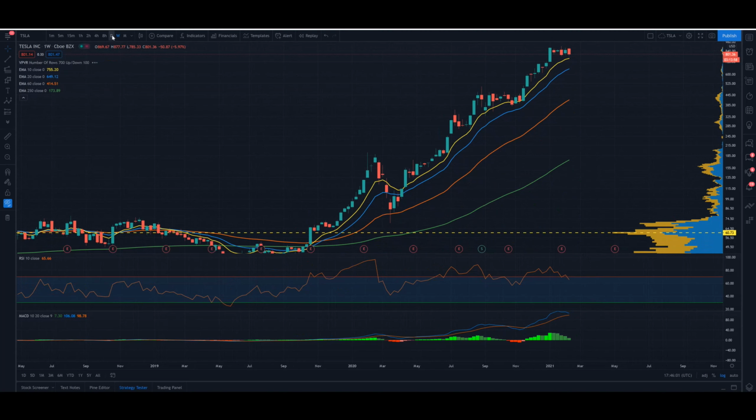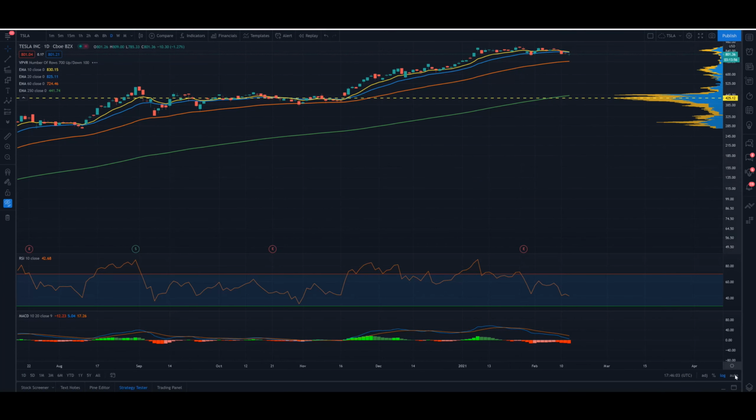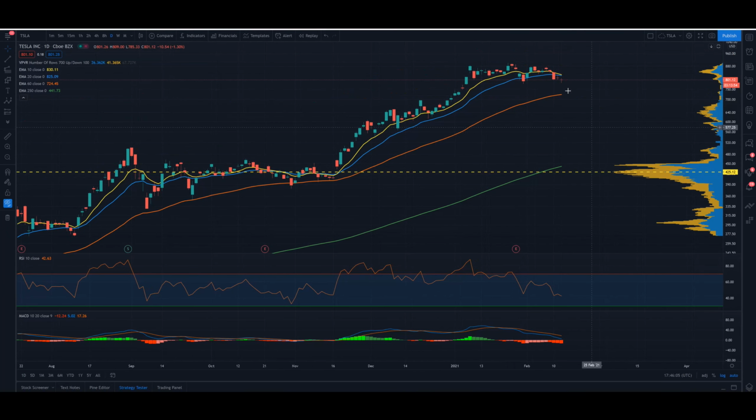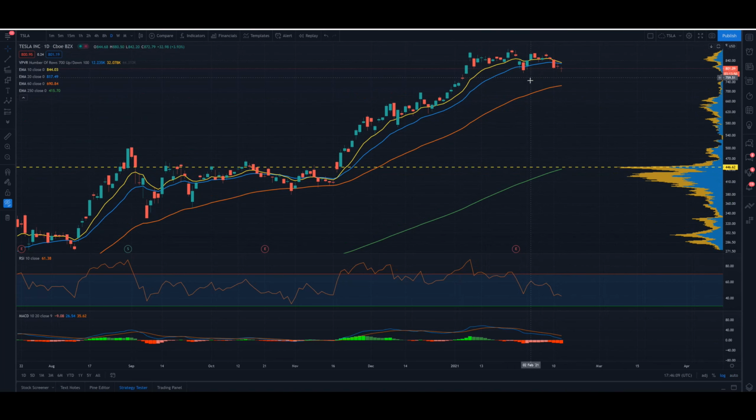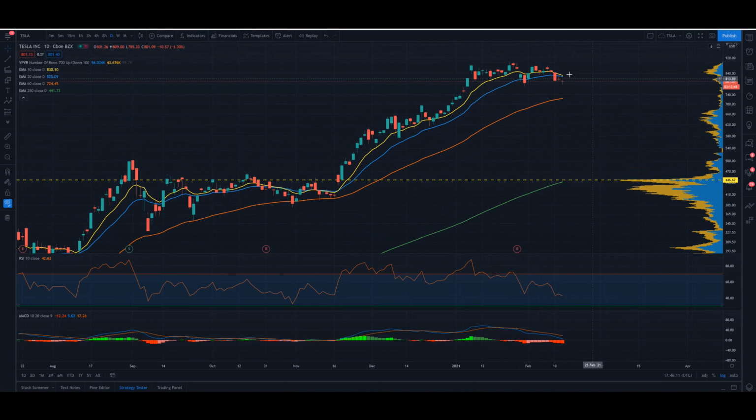But let's come down to the day time frame and see how things look on the day time frame before we do our count. So price currently trading below the 10 and the 20 exponential moving averages on the daily. Approaching a bearish cross, but as we saw here, drawing this wave 3-4 consolidation, we had multiple crosses and close calls here with the moving averages before moving higher.